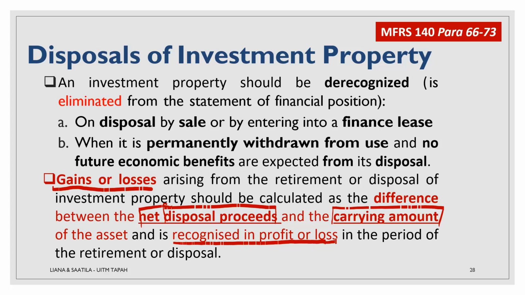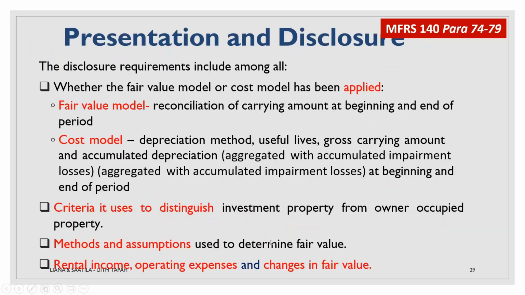in the period in which the retirement or disposal took place. So let's look at some of the disclosure requirements. This is not all of the disclosure requirements, just some of them. For details, you can refer to paragraphs 74 to 79 of MFRS 140.